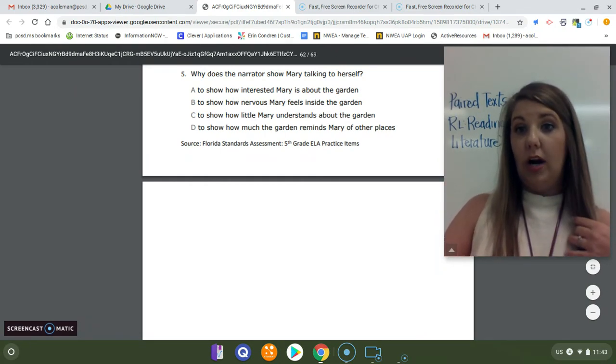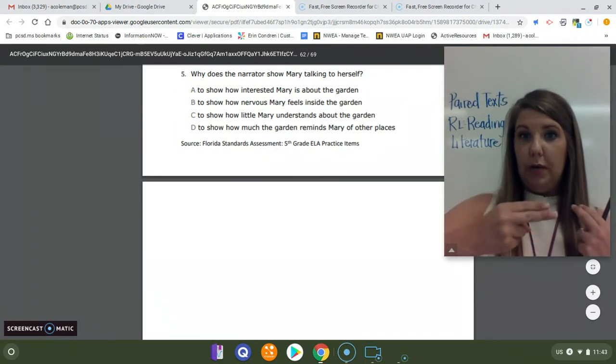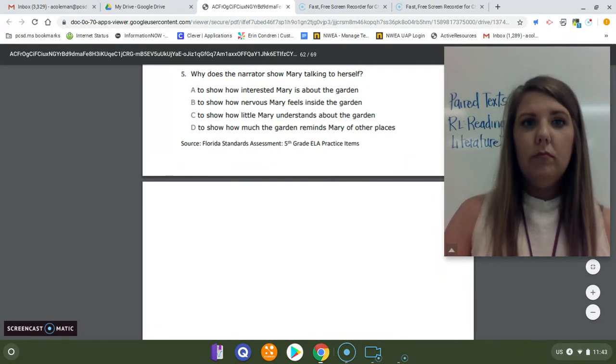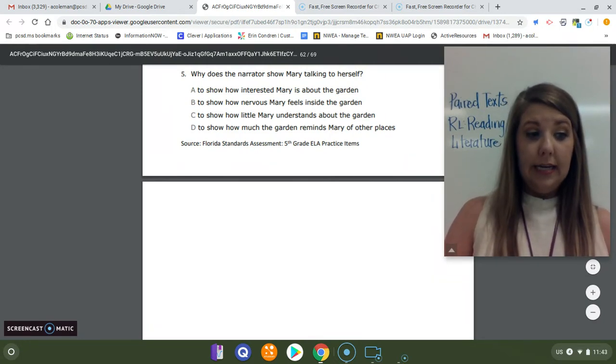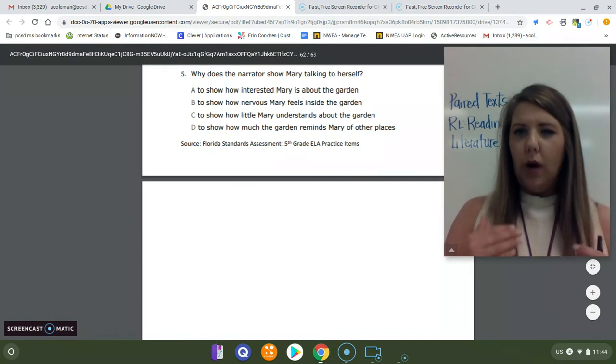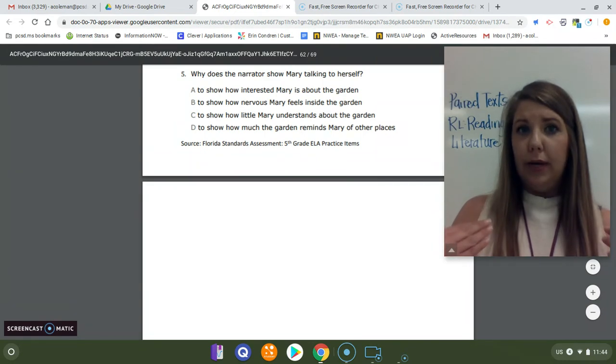Normally in a RL text, we see dialogue, conversation between two people. So understand that this would be a monologue. So it's asking you why does the narrator show this? So what is the purpose of this? Okay, what is the author's purpose in showing Mary talking to herself?